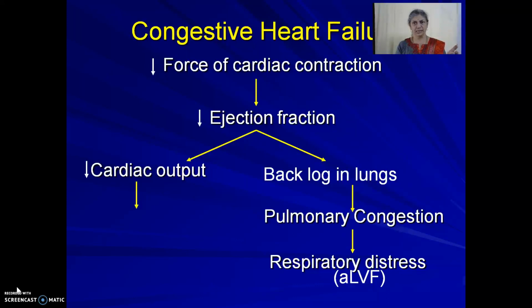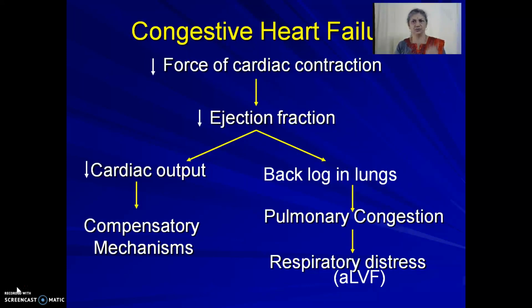What can compensate or correct the situation where cardiac output has gone down and therefore blood pressure has gone down? The two mechanisms which can help the body come out of this situation is sympathetic system and Renin-Angiotensin-Aldosterone system, both of which can raise the blood pressure through various mechanisms, as you will see subsequently.